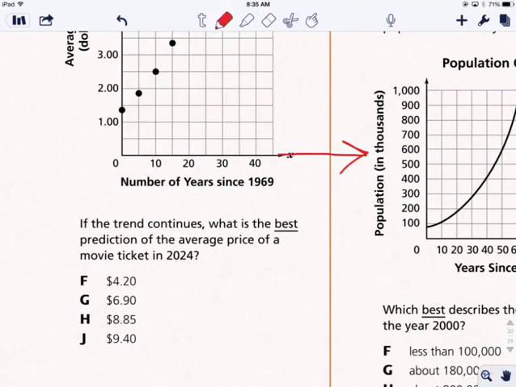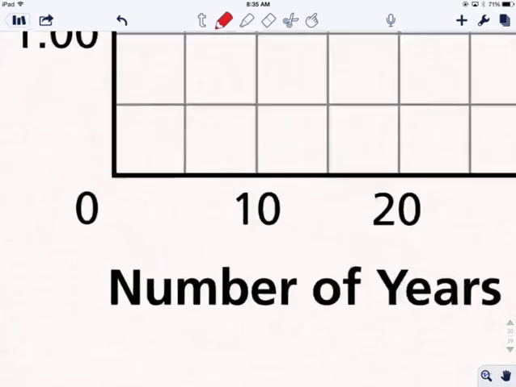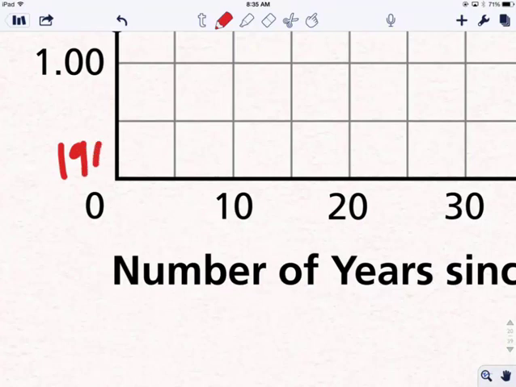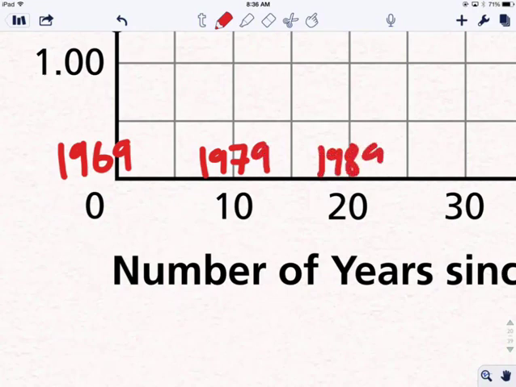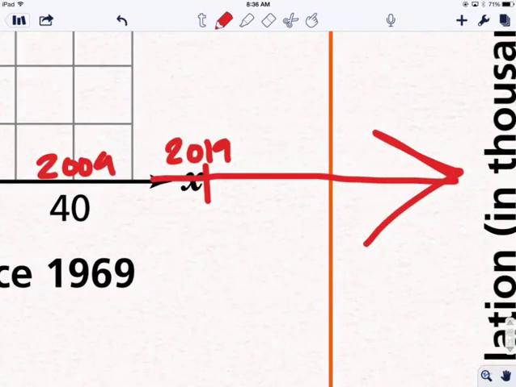First thing I would recommend is try to make sense of the scale that they have down here. Notice that this is number of years since 1969, which means that 0 corresponds to 1969, 10 corresponds to 1979, 1989, 1999, 2009, which means that 2019 would be right here, and 2029 would be right here.